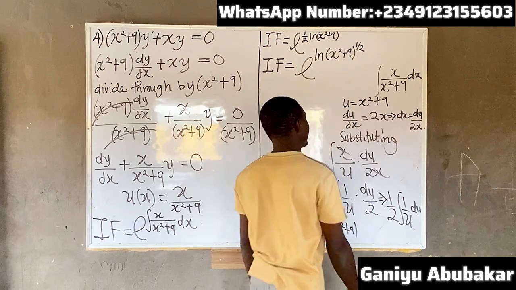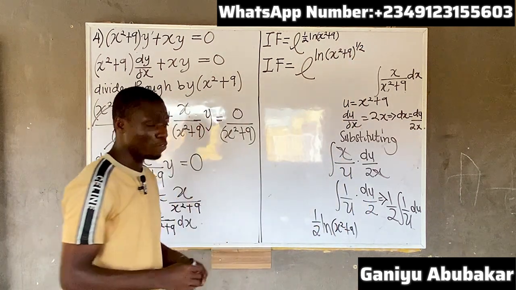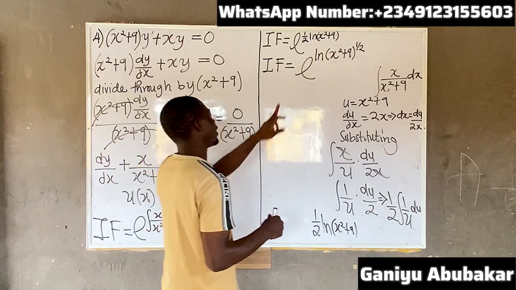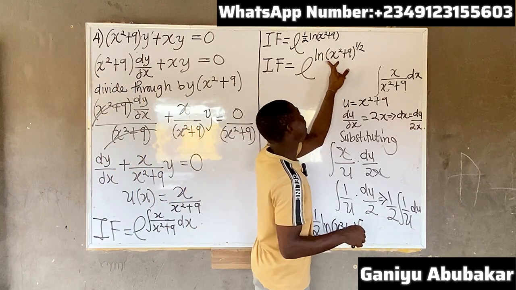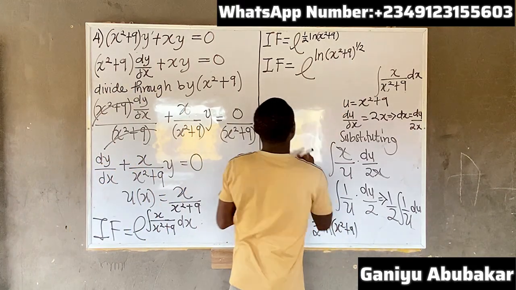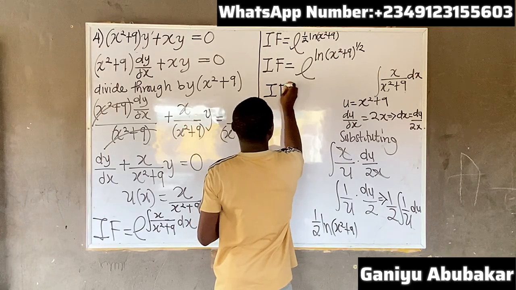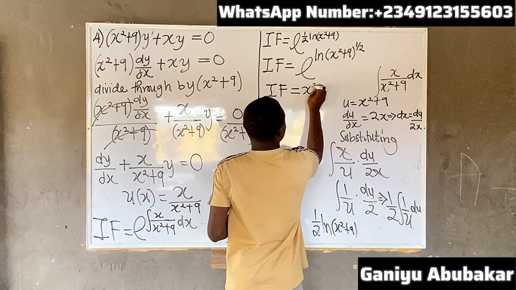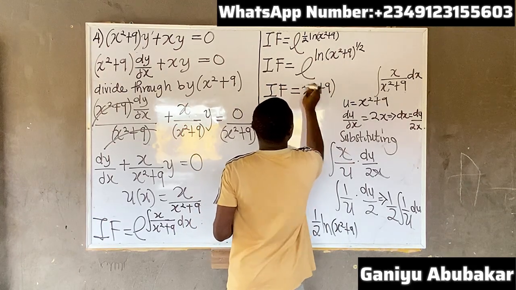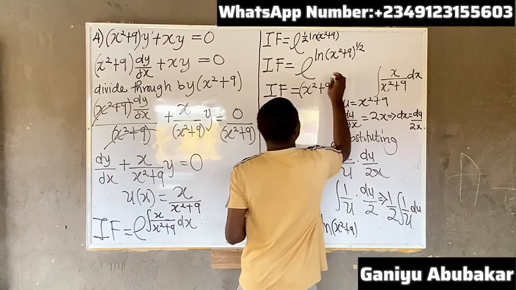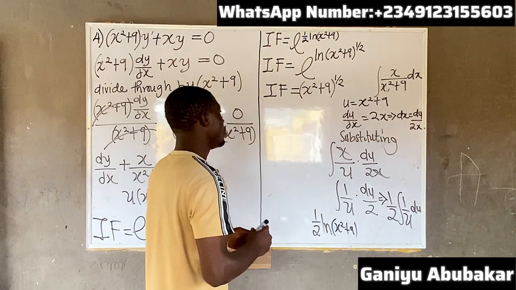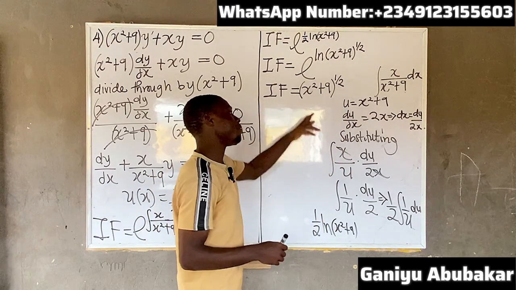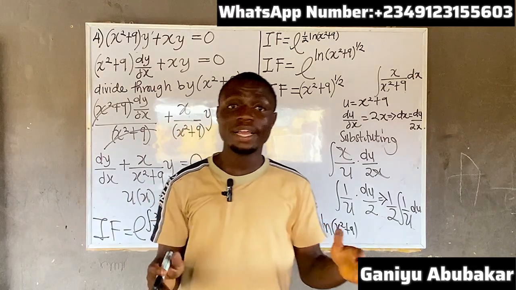And don't forget, before now we said if I have the exponential of something, that something becomes the answer. So I'm saying fully well that IF is now equal to (x squared plus 9) all to the power of 1 over 2. I've explained why it is so. Now, next task, after getting IF, I multiply through the equation by IF.